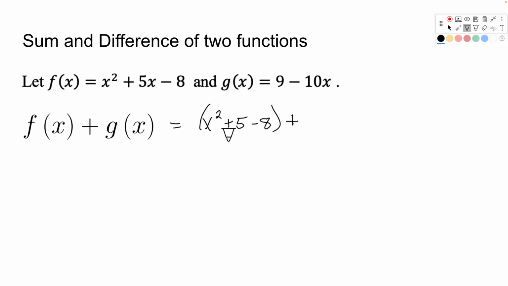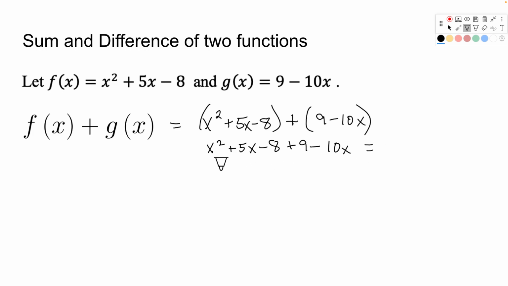And then the other package is 9 minus 10x. Now with addition, it's a little easier because if we distribute an addition sign, it doesn't change signs. So removing parentheses when we have addition, it really just becomes x squared plus 5x minus 8 plus 9 minus 10x.